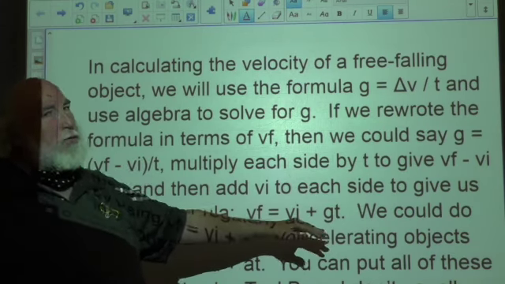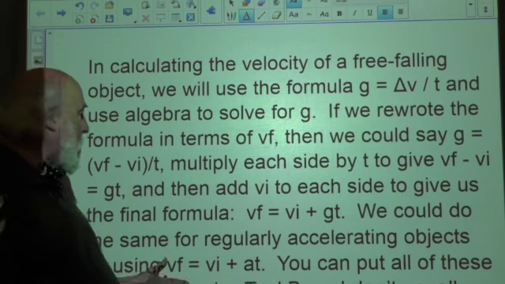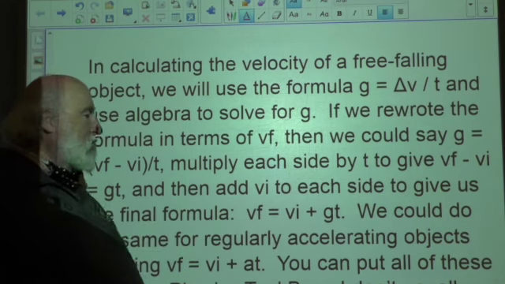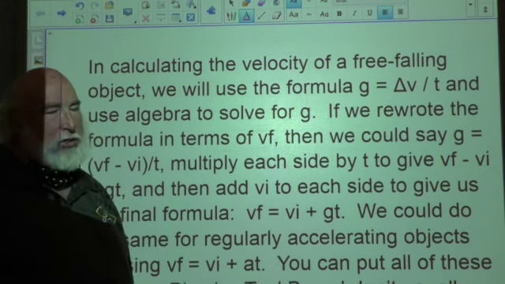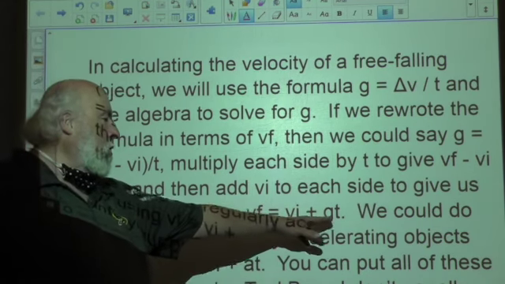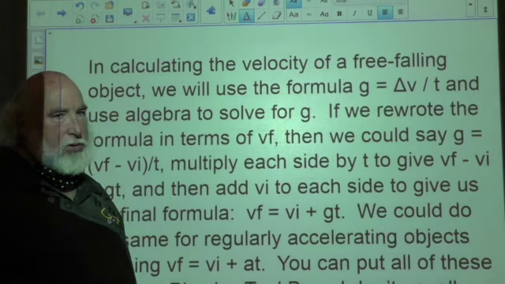So this is now a new formula we can use for our physics toolbox. If we want to find the final velocity of a dropping object, we take its initial velocity, which most of the time will be 0, plus the gravitational acceleration times the amount of time it took to drop.